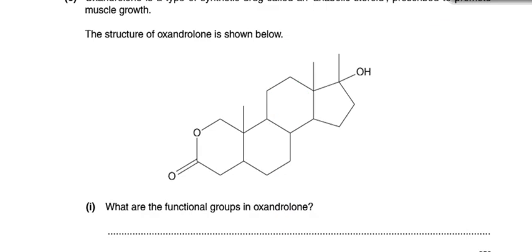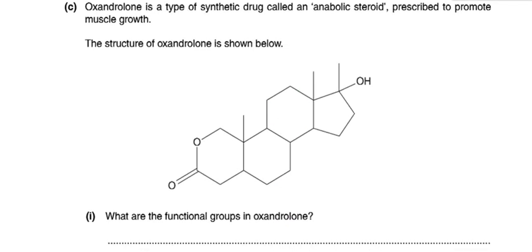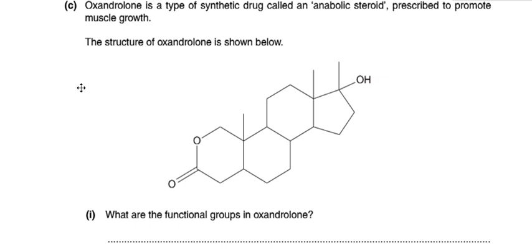In the final part of this question then, part C, we've got a molecule which is crossed between an ox and a rolo, oxandrolone, and we've got to first of all see what functional groups are in it.